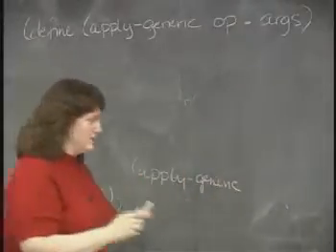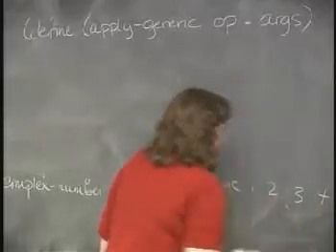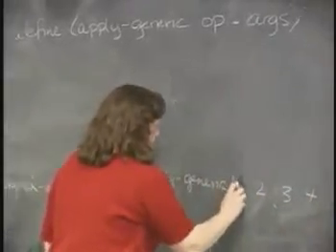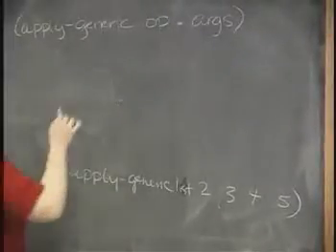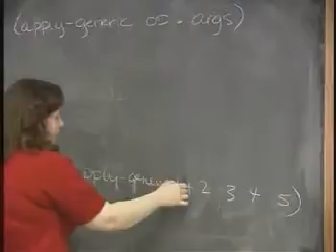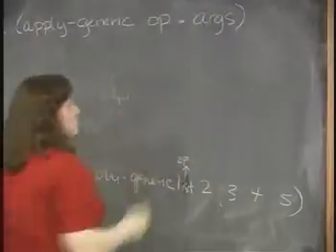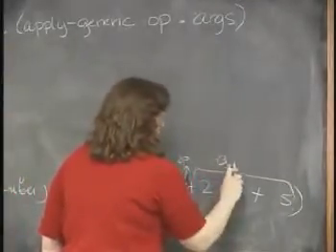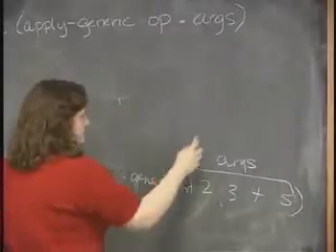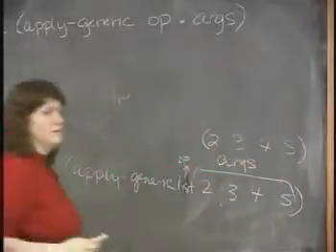This isn't going to make much sense to call apply generic with a number as an operator, but just for the sake of it, we'll make this a list. So what Scheme does is, it says, okay, I'm going to match op to the list, and then I'm going to match the rest, anything after the dot, to args. And args will be set to be the list 2, 3, 4, 5.